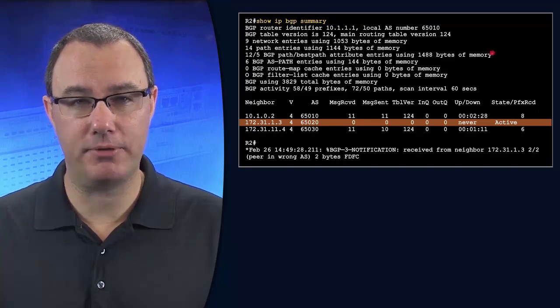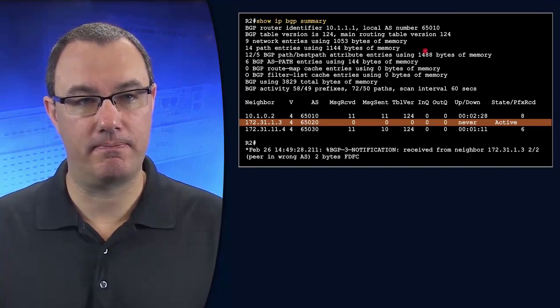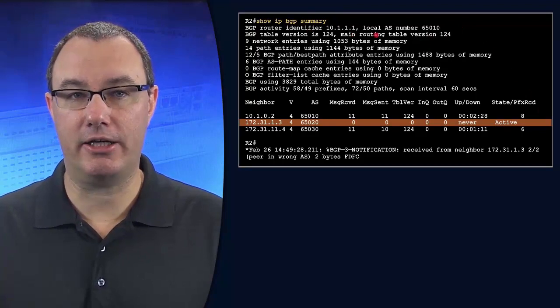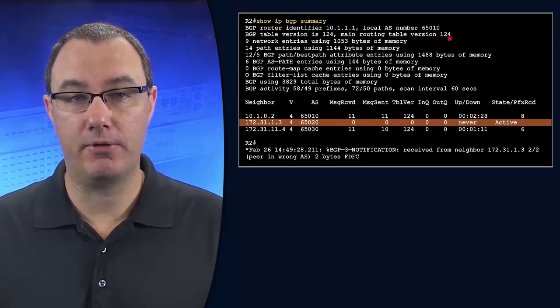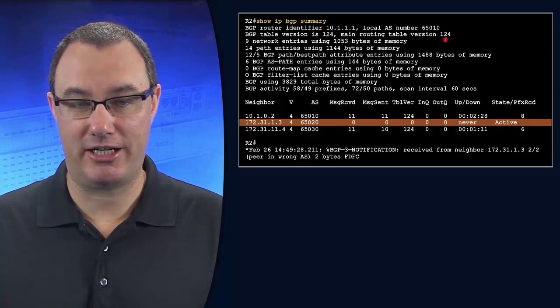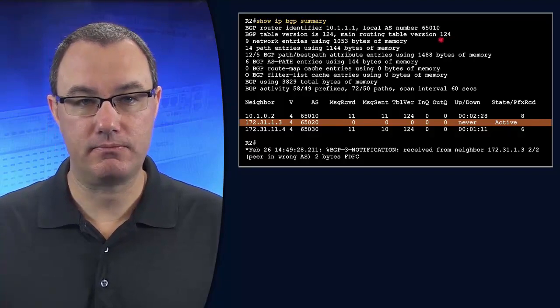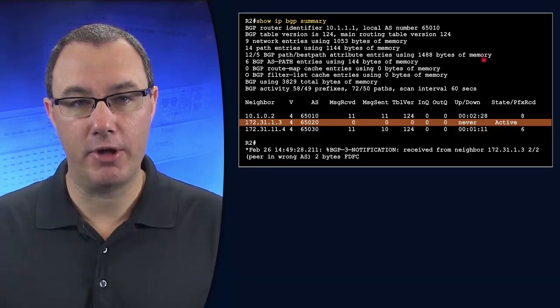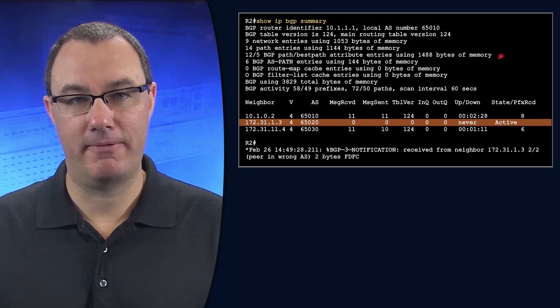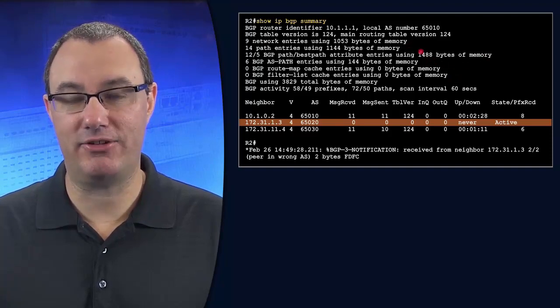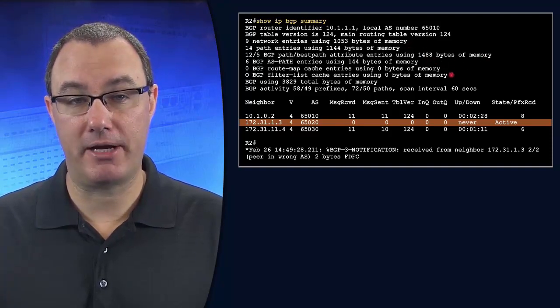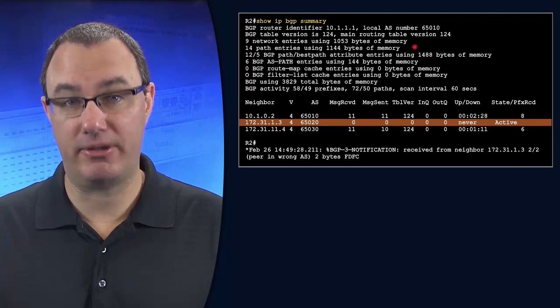But let's not jump past all these goodies. We can see our router ID, our autonomous system number, the number of times that our table has changed, which increments the version. And all of these have memory impacts. We have to understand that BGP is most impactful to memory and CPU.